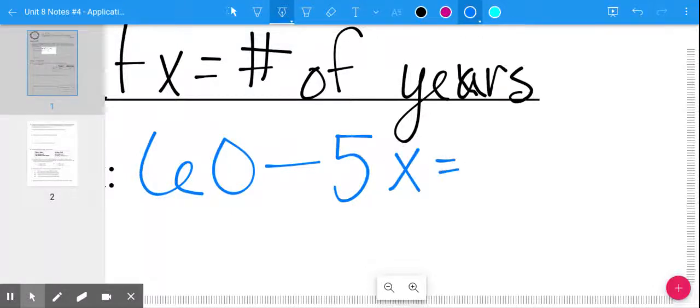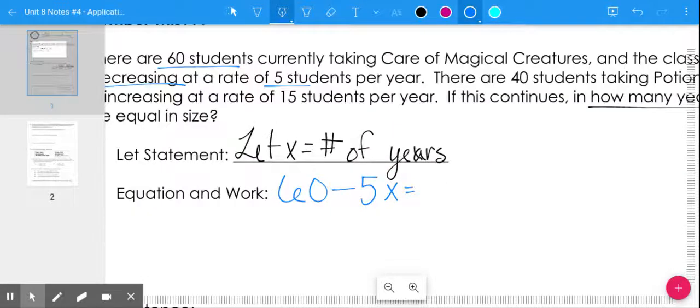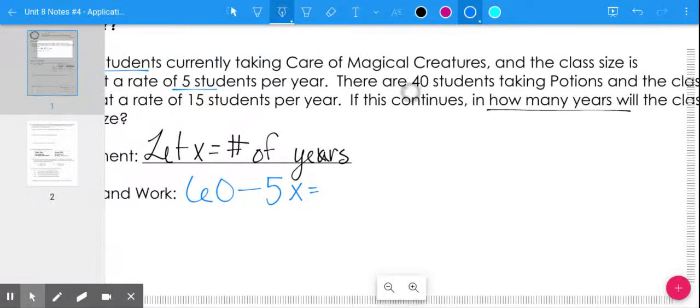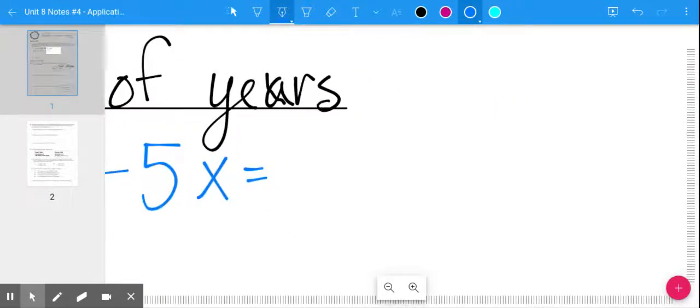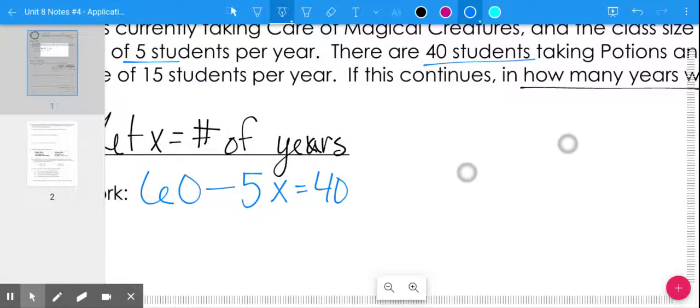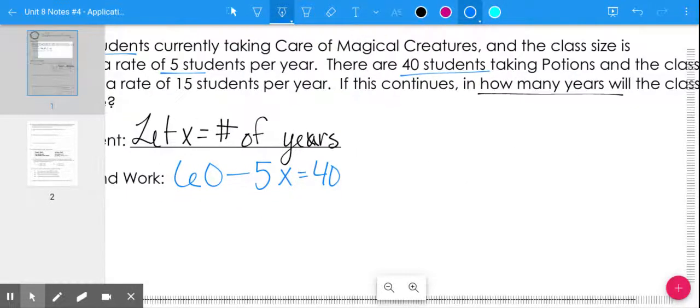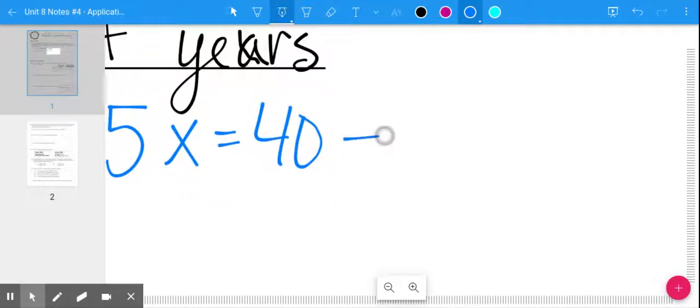And we're going to set that equal to the potion students, which there are 40 students taking potions. And that class size is increasing at a rate of 15 students per year, so plus 15x.